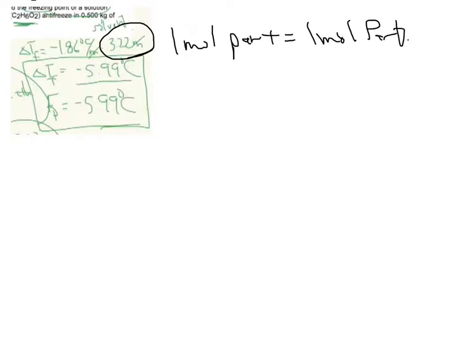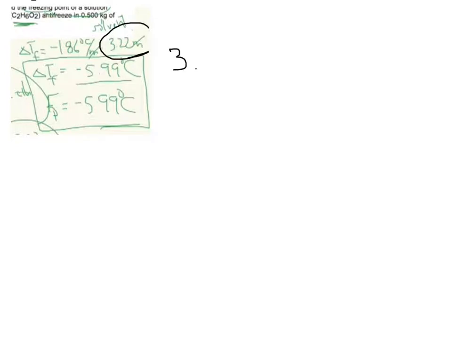Okay, well, let's just say instead of having a solution like that, you have a 3.22 molal solution of sodium chloride.